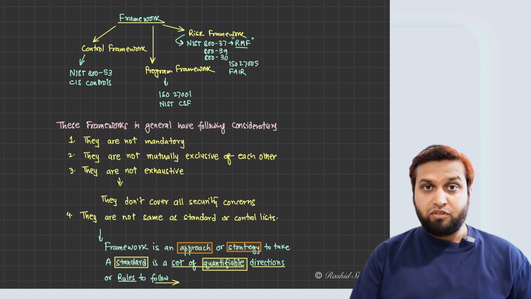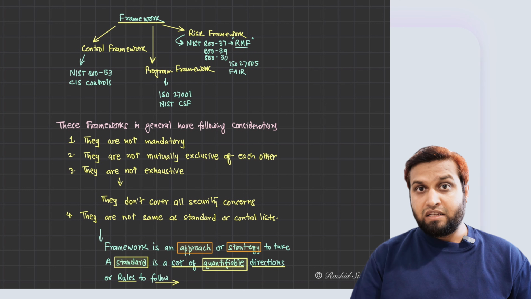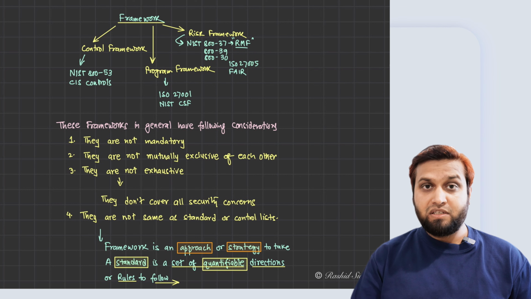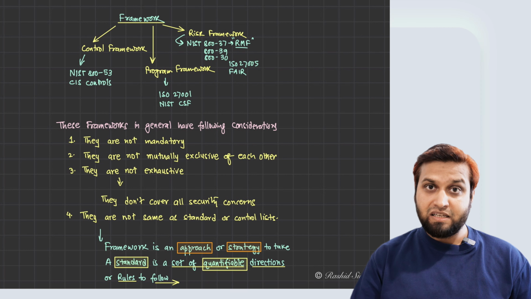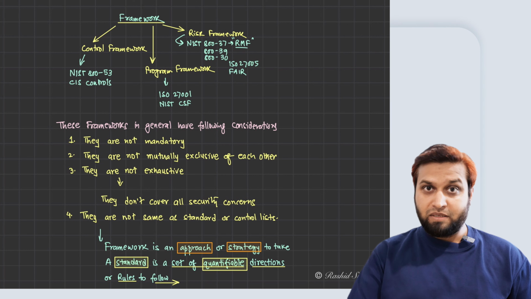The third and last point we should be mindful of is that they are not standards or control lists. Let's take the example of PCI DSS. PCI DSS is a standard. It's not a framework, right? We can incorporate PCI DSS to address some of the control points for a specific framework.